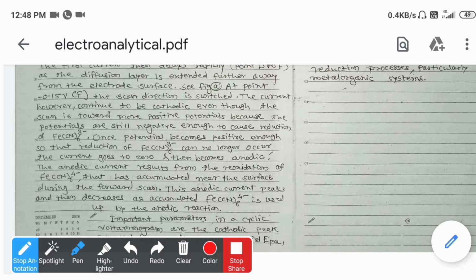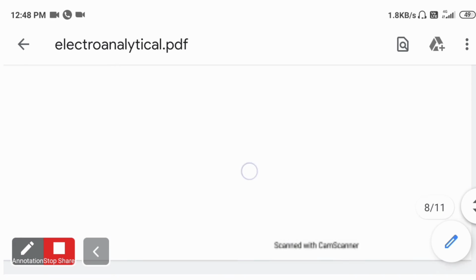So the current however remains cathodic even though we have switched the potential. So once the potential has become positive enough, that is beyond 0.4 volt, the reduction of Fe3+ cannot take place. Okay, so at this point the current goes to zero, and here we can see that in the diagram.